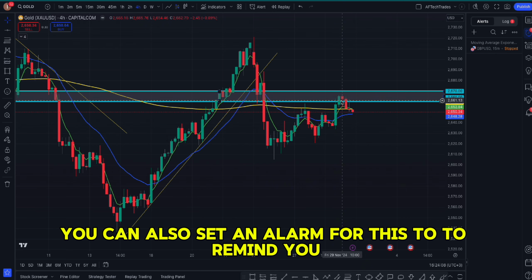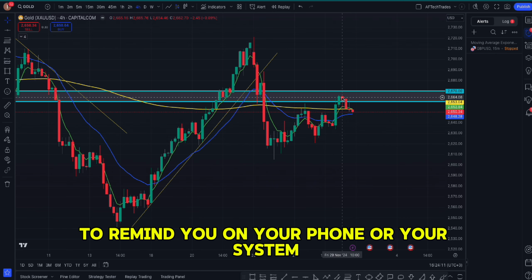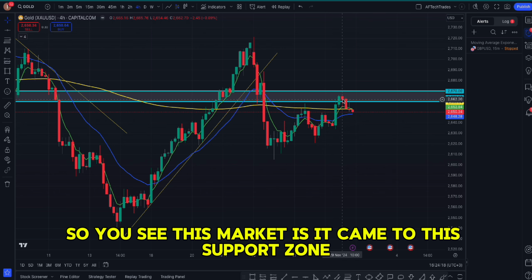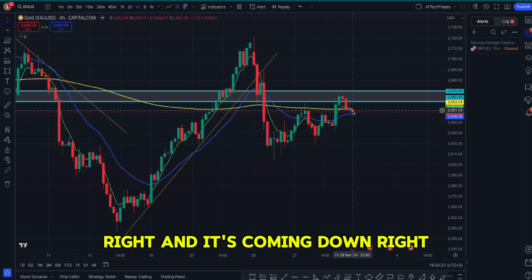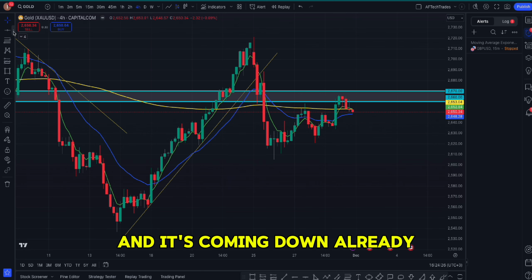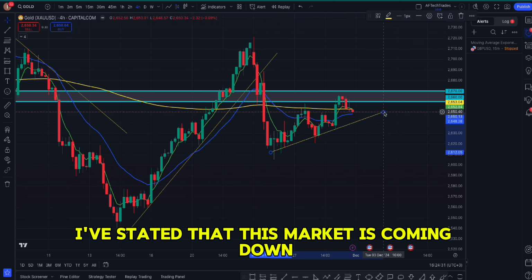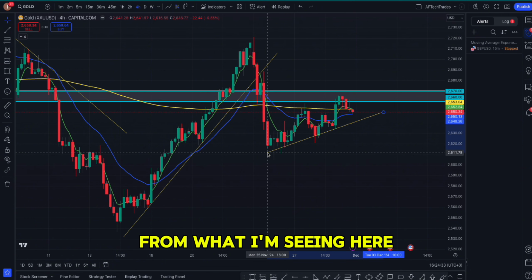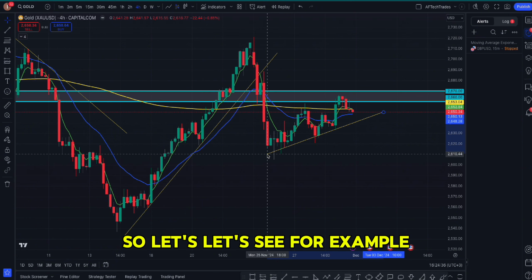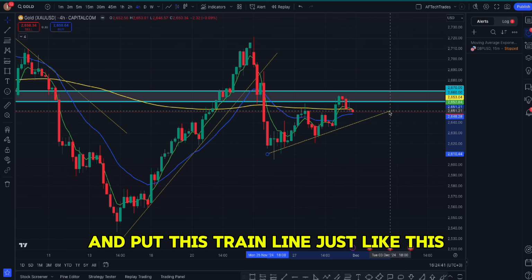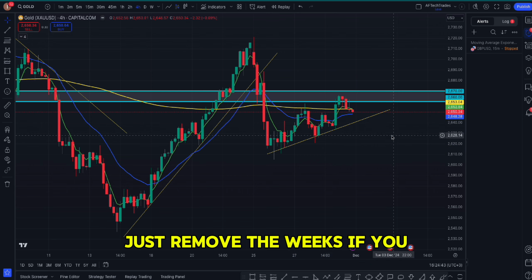So you see, this market came to this support zone, and it's coming down already. We already anticipated that this market is coming down from what I'm seeing here. So let's say, for example, take this trend line and put it just like this. You can remove the wicks if you want to be conservative.